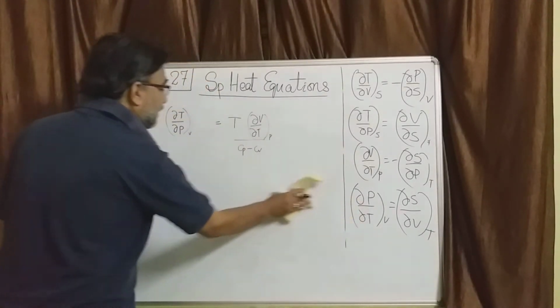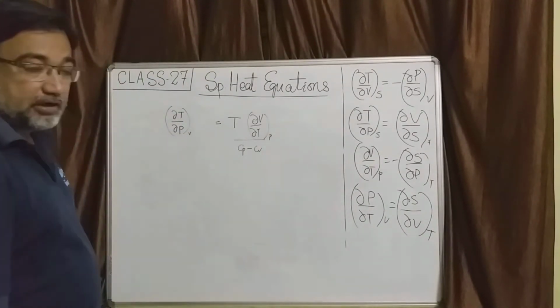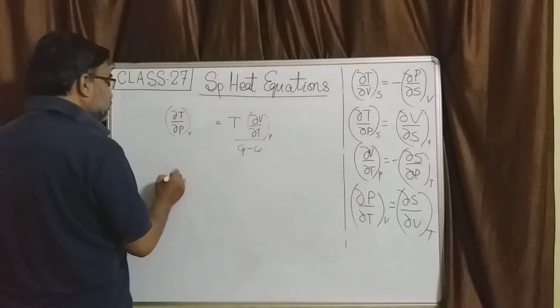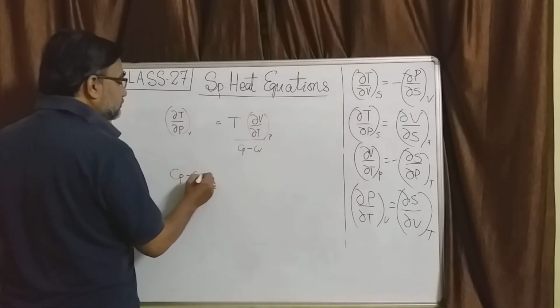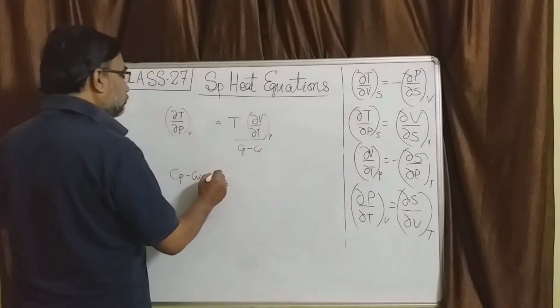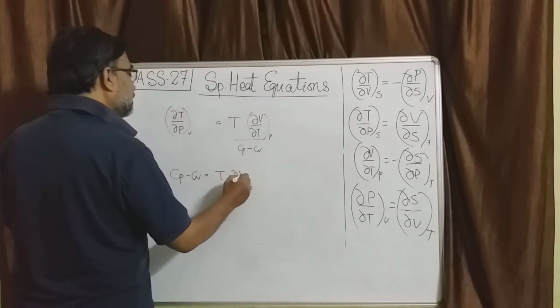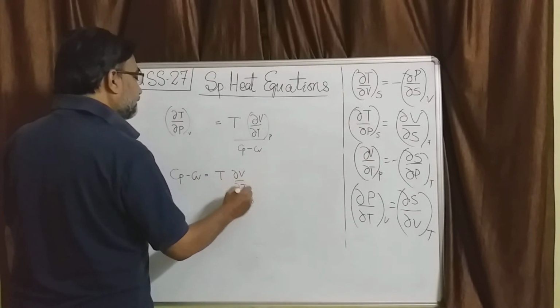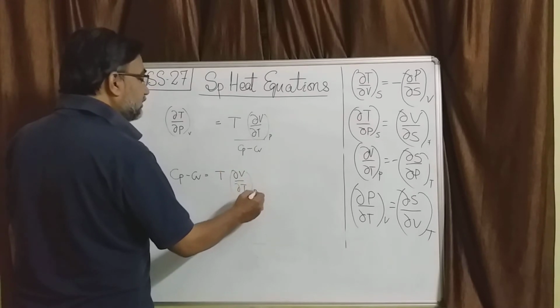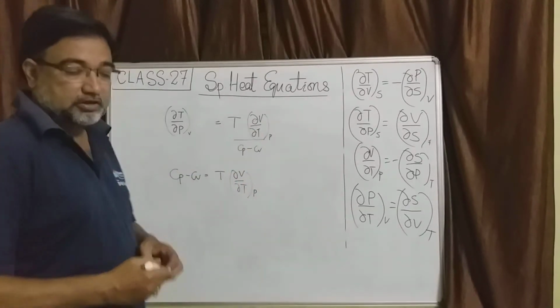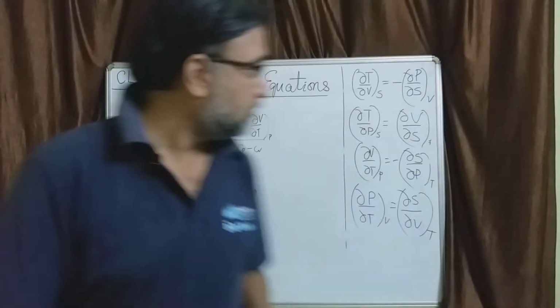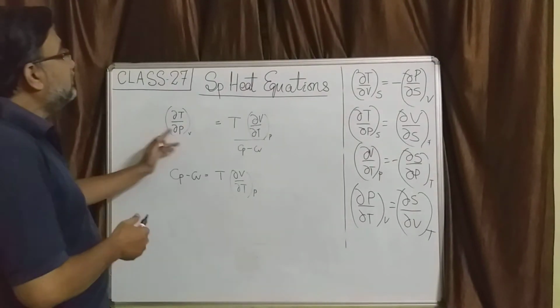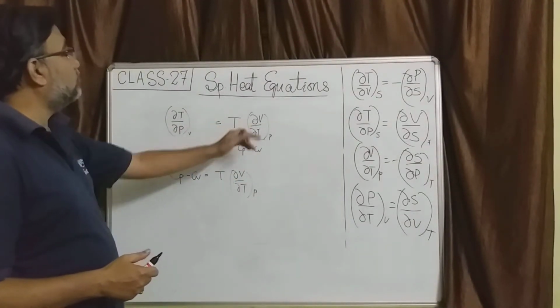So from this we can write an expression for Cp minus Cv, a simplified expression. So Cp minus Cv now becomes equal to T del V del T at P, this term, and this will come here and this will go that side.